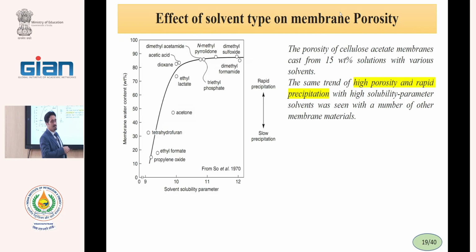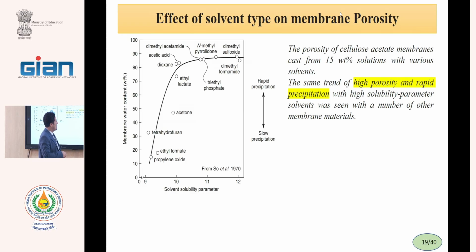The concentration is similar, 15%, but we see that DMSO, NMP, and DMF give high membrane water content or porosity. This shows that in these solvents we have high porosity, but in these solvents we have low porosity.